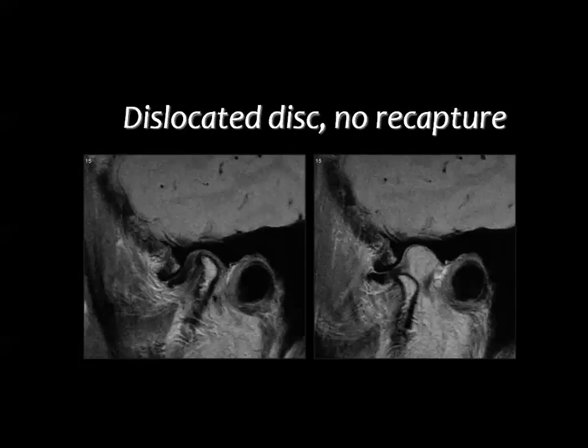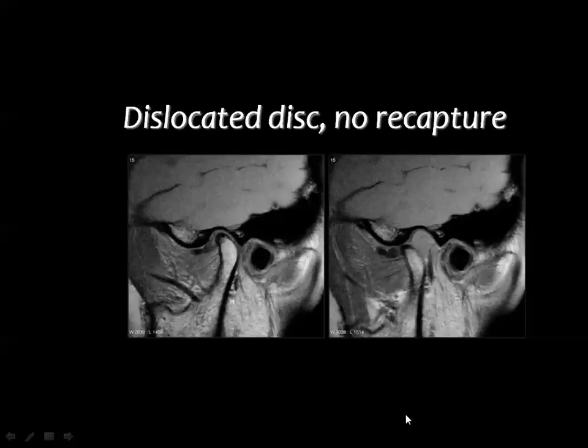But look at this case where the articular disc is displaced anteriorly, as you can see here. And after opening the mouth, the disc remains at its anterior position and is not achieving its normal location. Then here, this is anterior displacement with no recapture during the open mouth.